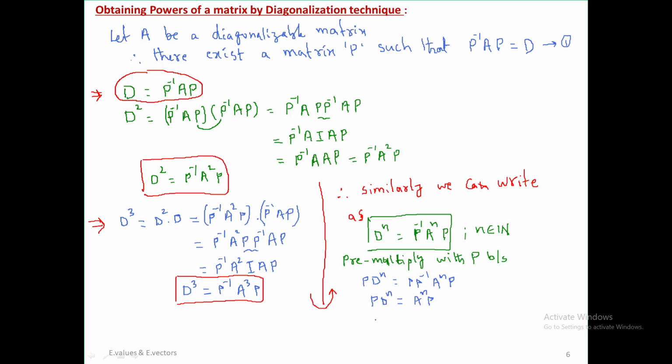In a similar way, now I want to retrieve A power n. Then I don't want this P on the RHS side. Then post multiply with P inverse on both sides. Now look at post multiplying with P inverse on both sides. Then what will you get here?